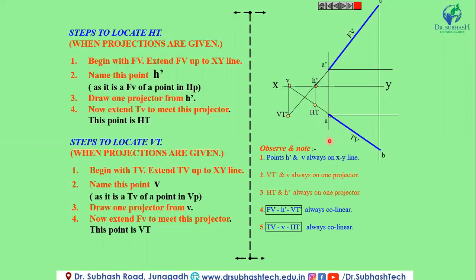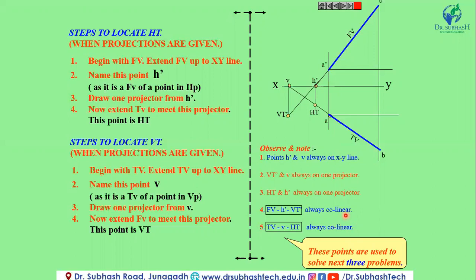In the front view, H dash and VT are always collinear, and similarly in the top view, HT and V are always collinear. These are the different facts regarding the traces of a line, so you have to remember this.